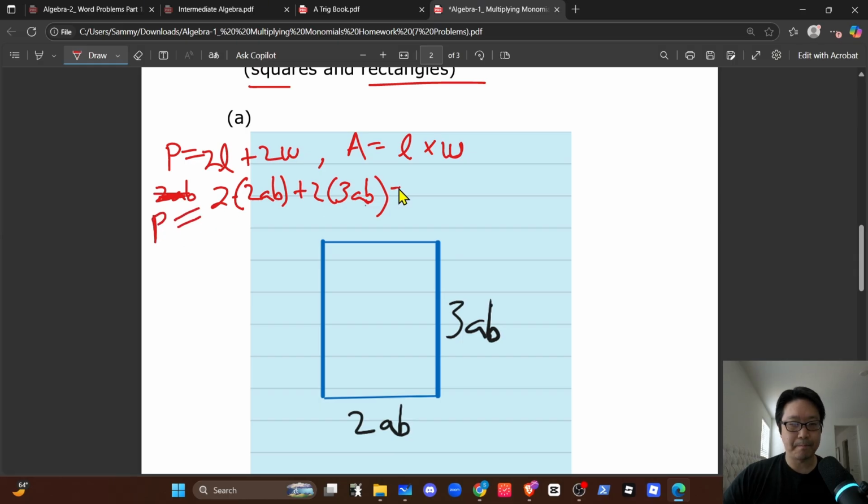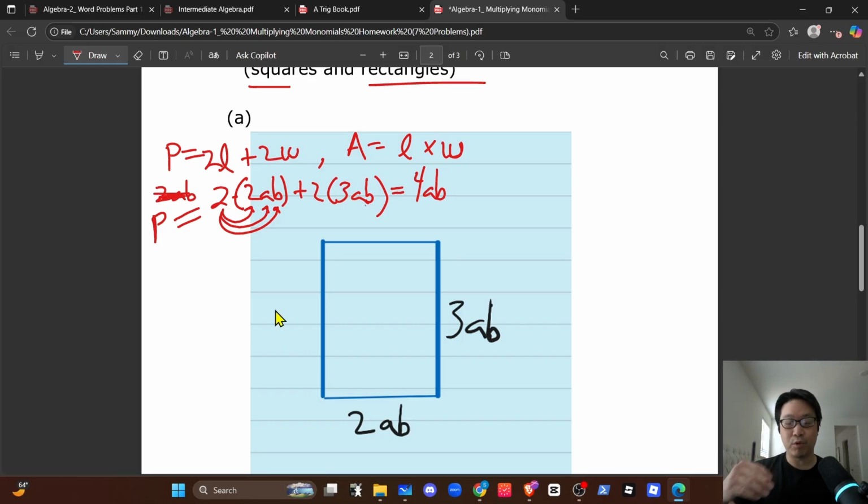For perimeter, 2 times 2ab is going to be 4ab. It's important that you realize that we're not distributing the 2 to the 2 and the a and the b. This is multiplying 2ab. We're multiplying 2 times 2ab, so it's not getting distributed.